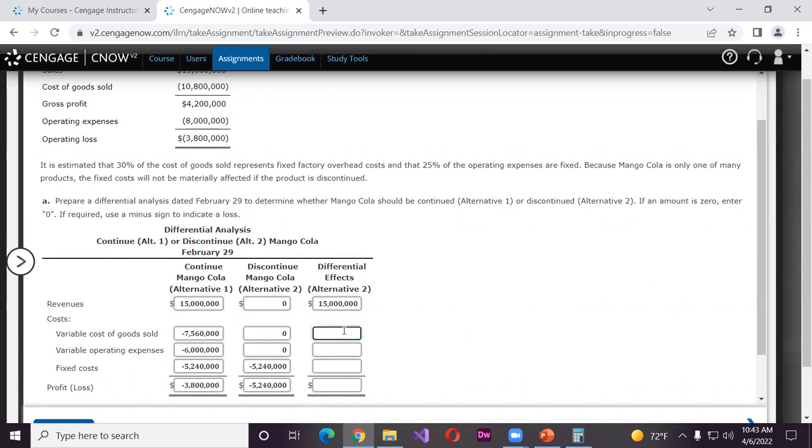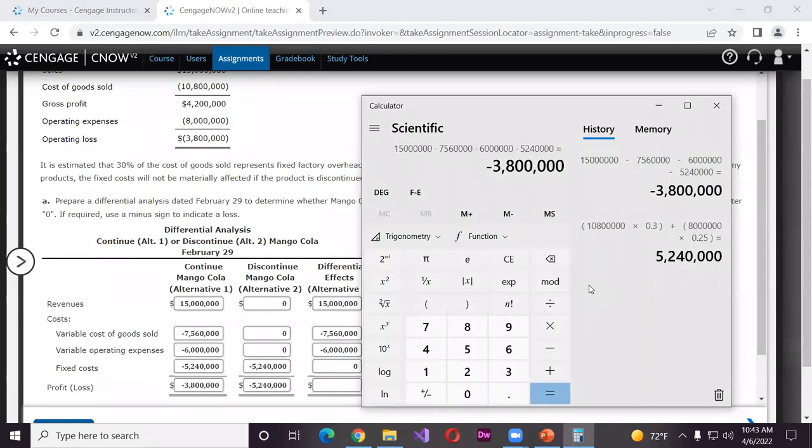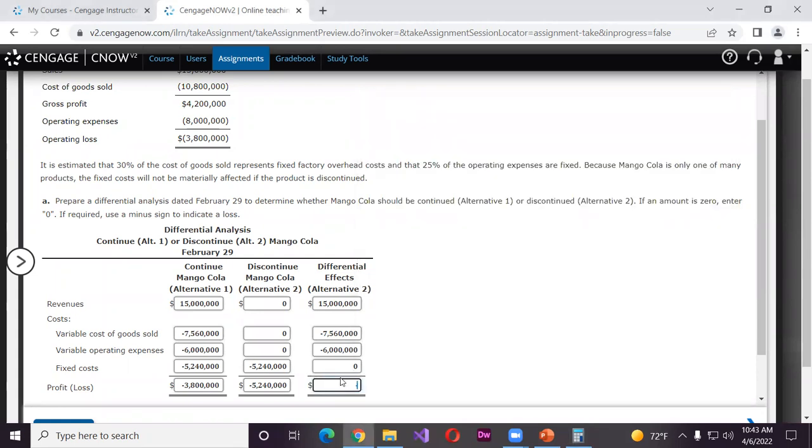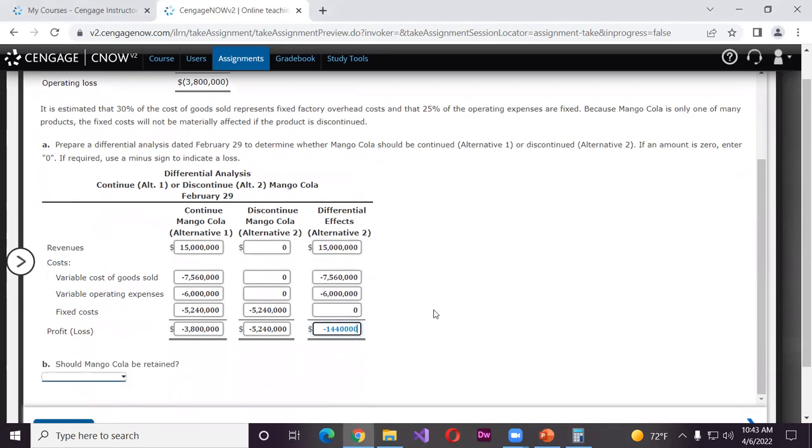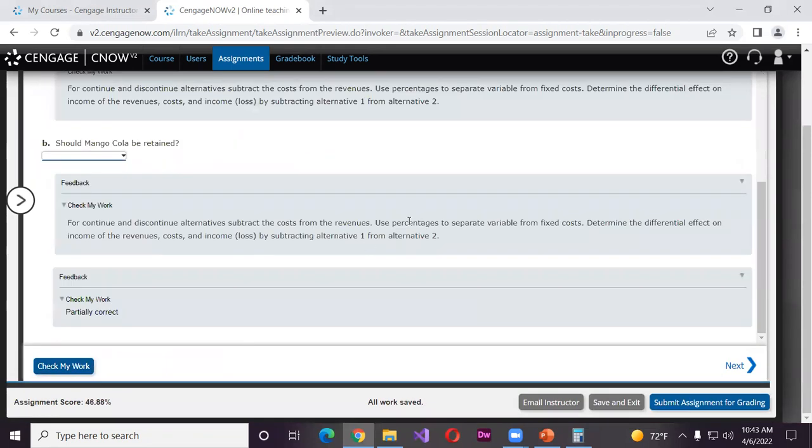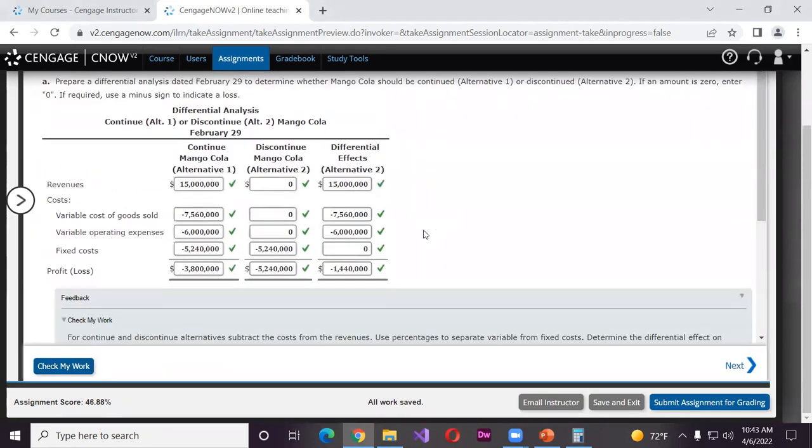So now to do the difference, that make sense?